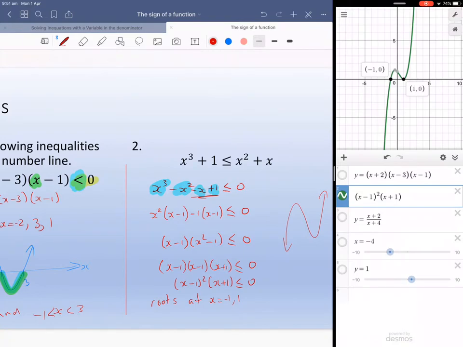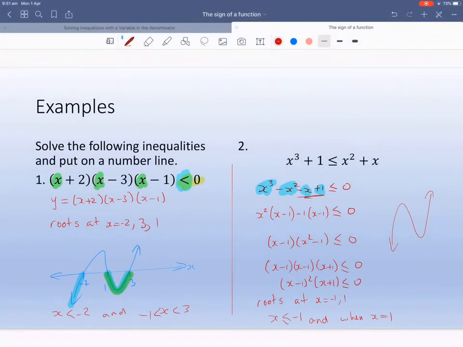So hopefully you can see that it's less than or equal to 0 when x is less than or equal to -1, and also in one other place only, when x equals 1, where the turning point happens, that can remain true as well. Okay, so hopefully that makes sense.